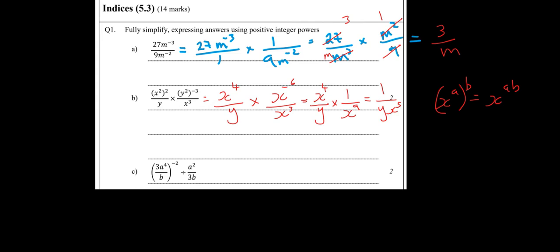I know what I've done. Swap the... start again. So we've got y squared to the negative 3 all over x cubed. So this becomes x to the 4 over y multiplied by 1 over x cubed, y to the 6.